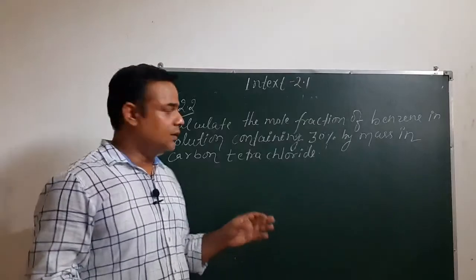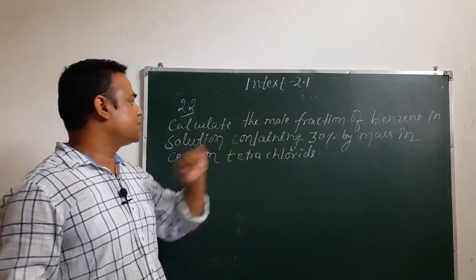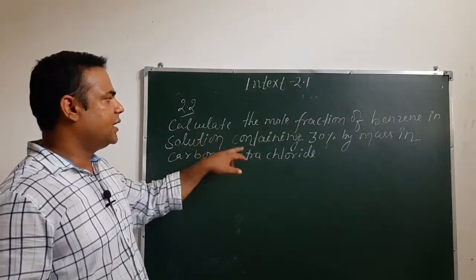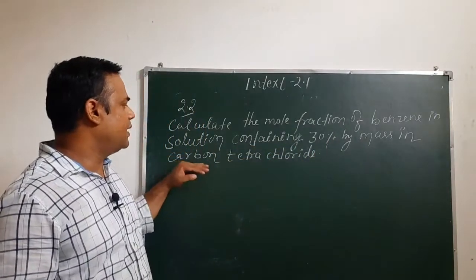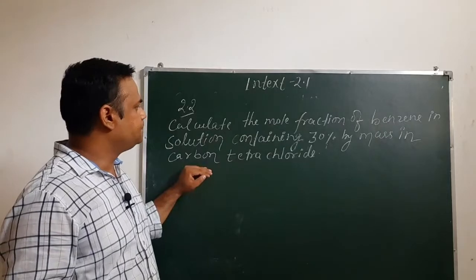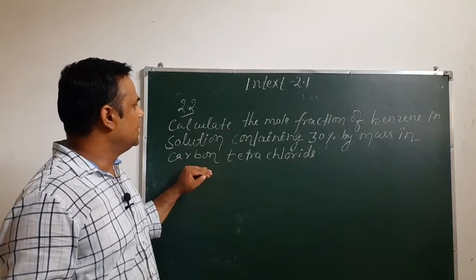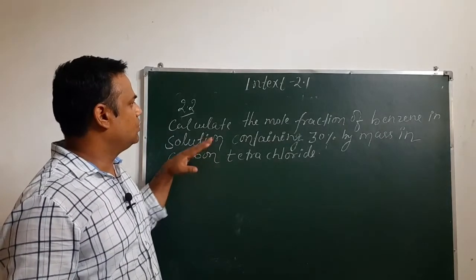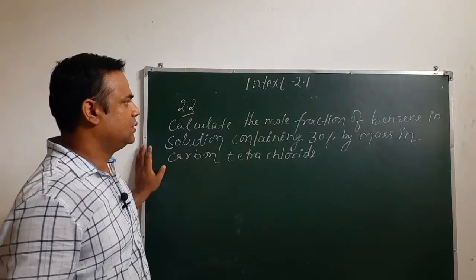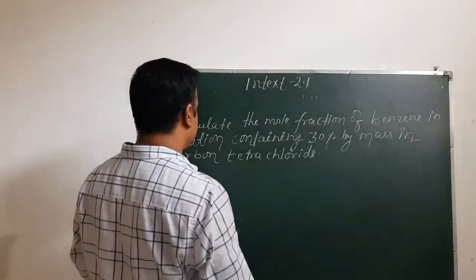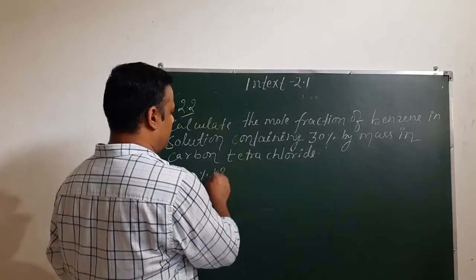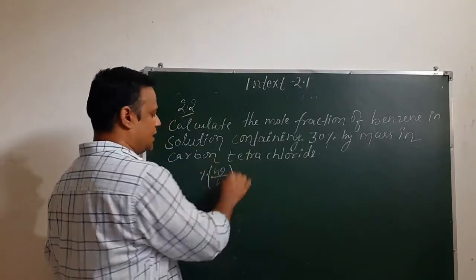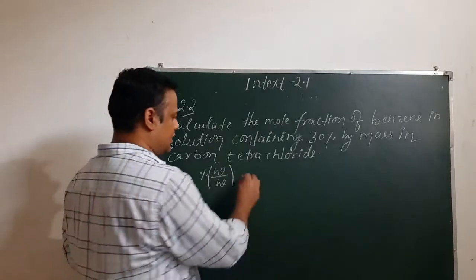This is the next question. We have to calculate the mole fraction of benzene in solution containing 30% by mass in carbon tetrachloride. Means solvent is carbon tetrachloride and solute is benzene. So percent W by W, mass by mass, is given, that is 30%.